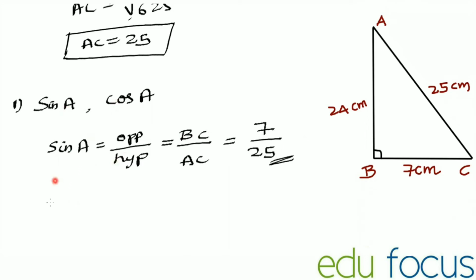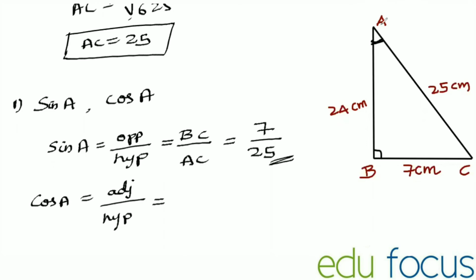Now let us find cos A. Cos A is nothing but adjacent by hypotenuse. For A, the adjacent side is other than the opposite side. If you are considering this angle, the adjacent side is the side joined to the given angle and to the perpendicular angle, 90 degree angle.